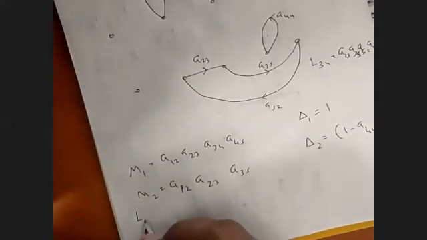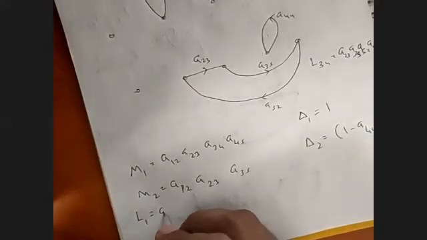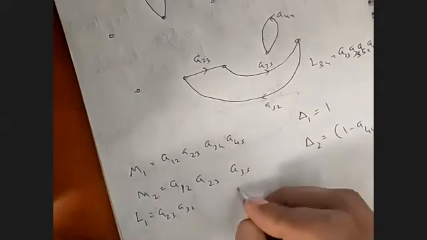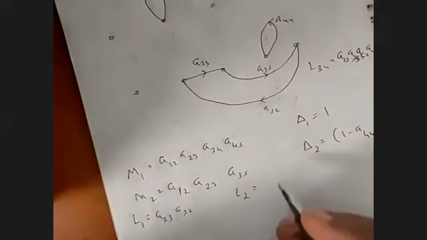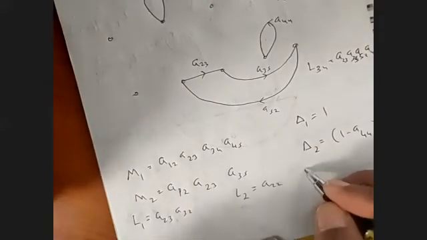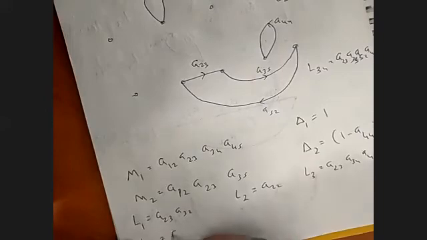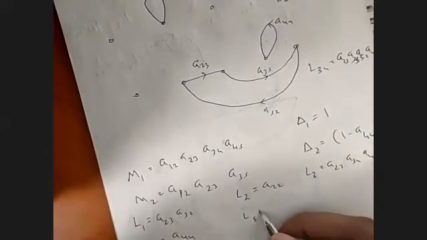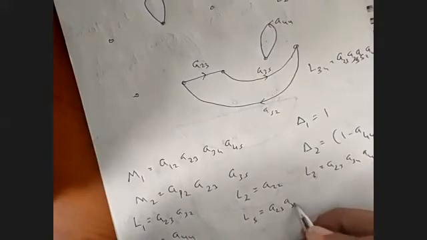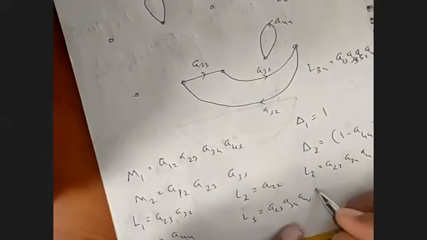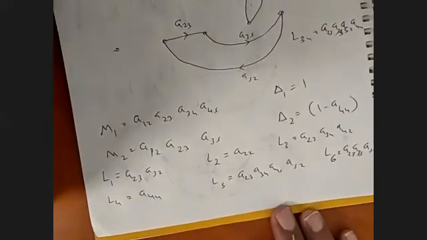Then we have loop number L1, that is A23, A32. L2 is A22. L3 is A23, A34, A42. L4 is A44. L5 is A23, A34, A45 and A52. And L6 is A23, A35 and A52. So these are my loops.